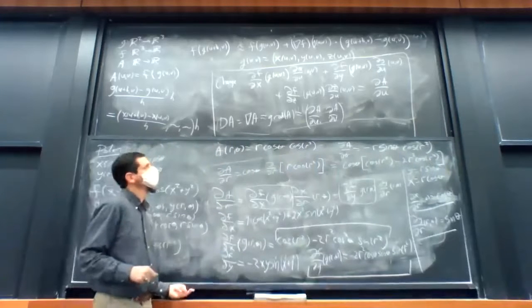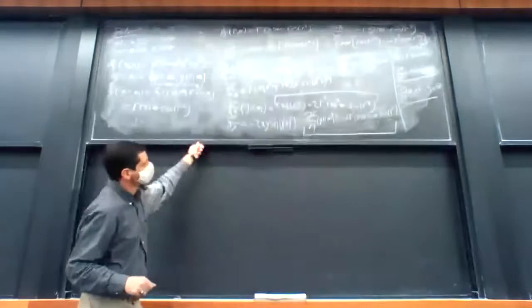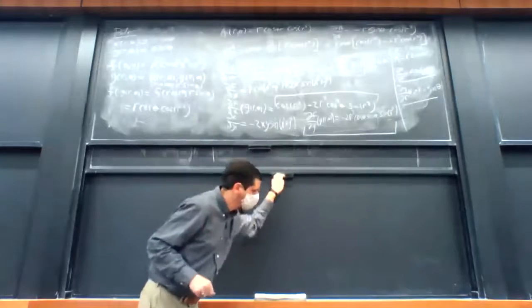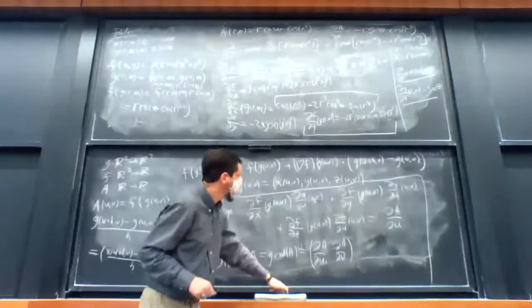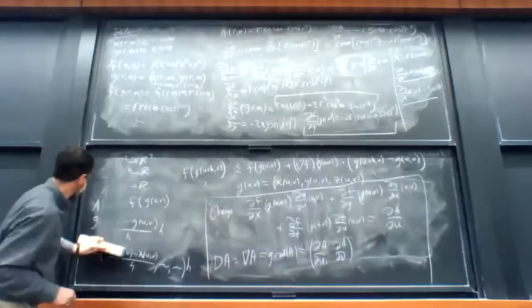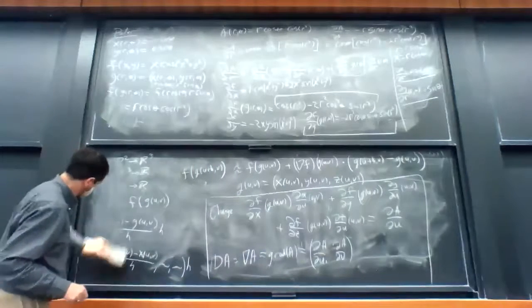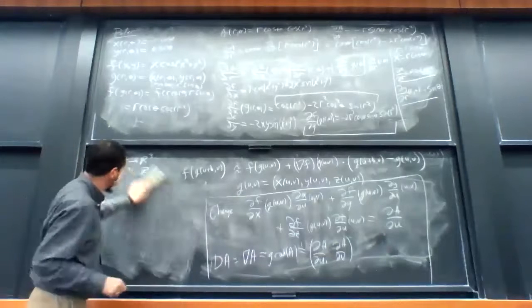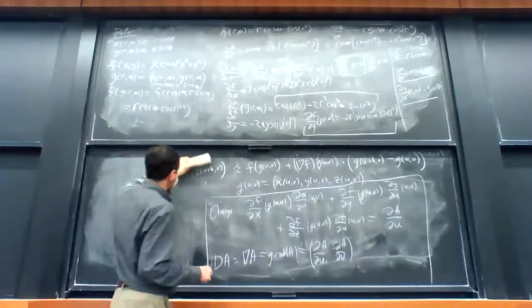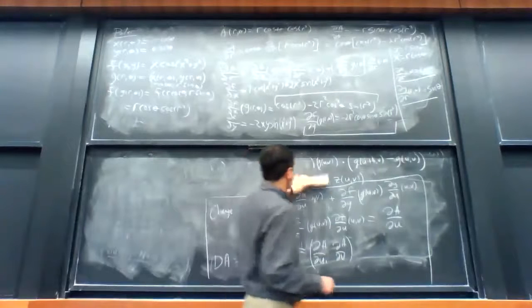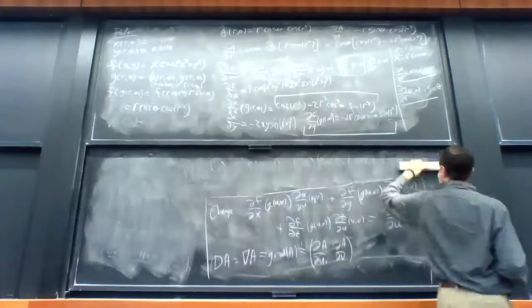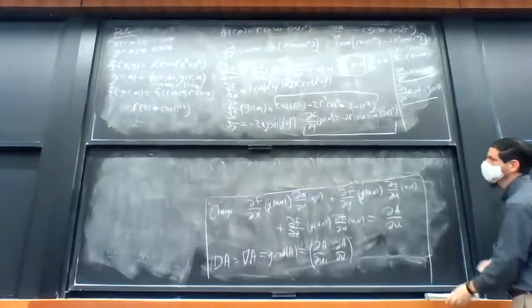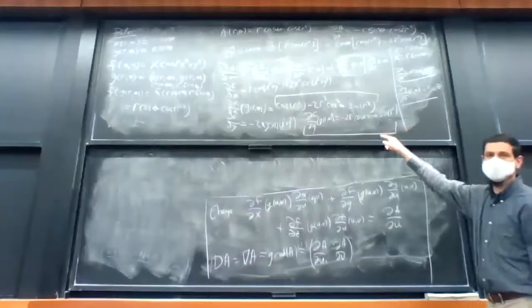So the multivariable chain rule is not going to be kept on the board much longer. We'll see how much longer it can survive. We have our expansion, and now we just need to substitute.